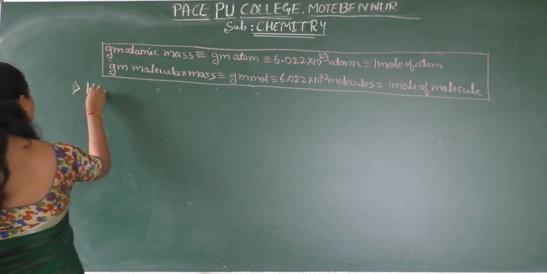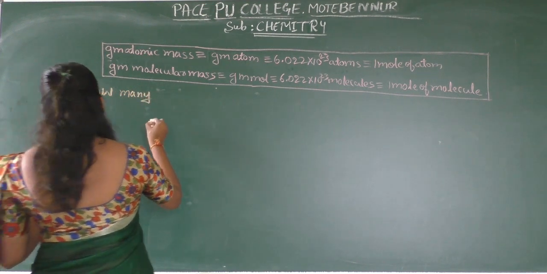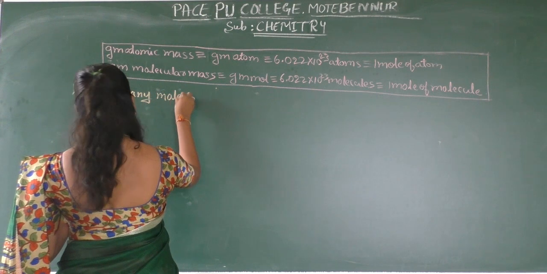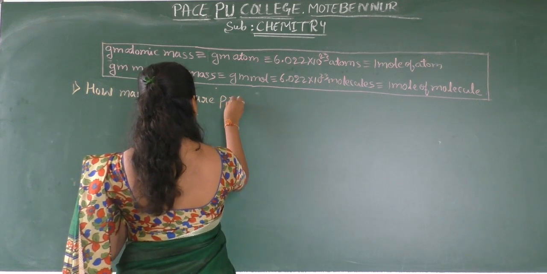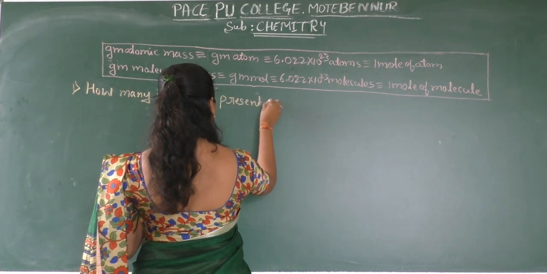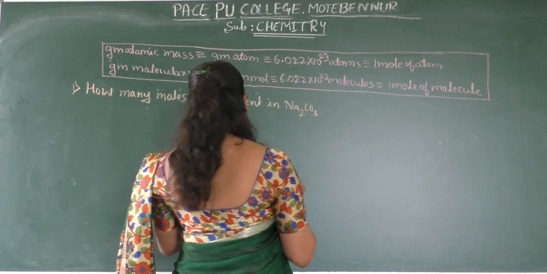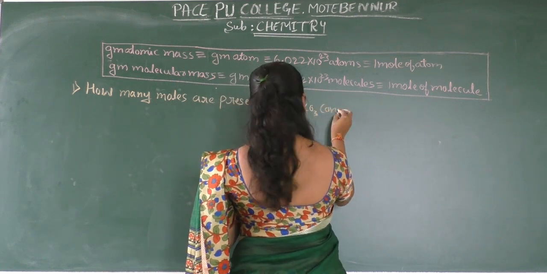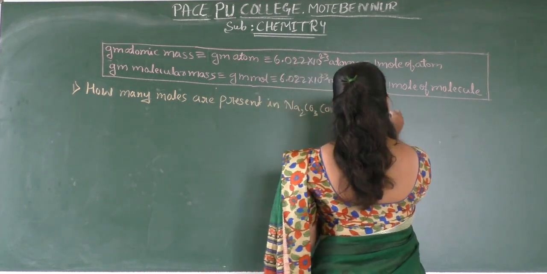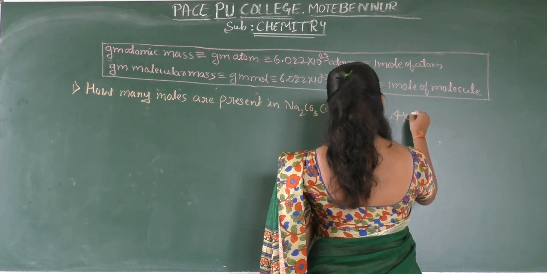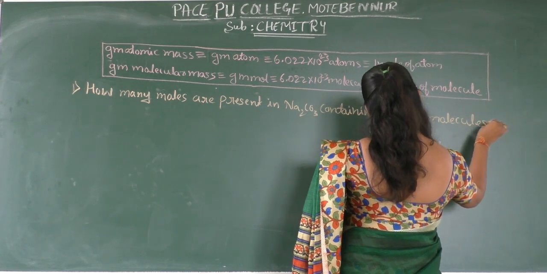How many moles are present in Na2CO3 containing 2.4 into 10 raised to 22 molecules?